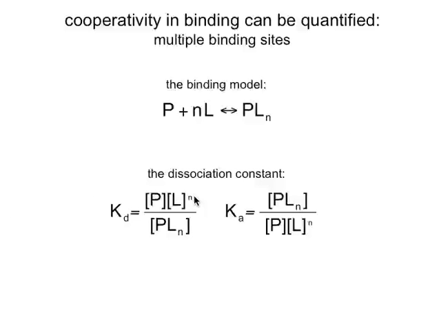The interaction between those sites. That's important. So we can use that n as a metric of just how cooperative the hemoglobin monomers are with each other. How does the binding of oxygen at one site affect the structure of the other sites?